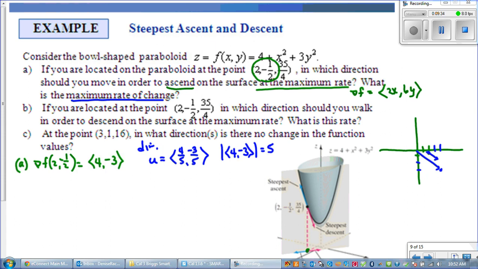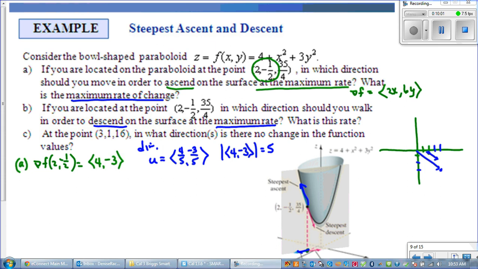So if we move in this direction, you'll be going up the curve the fastest at the rate of 5 z values per unit along that vector u. So that's the path of steepest ascent, and the maximum rate is 5. And what direction should you go in order to descend at the maximum rate?